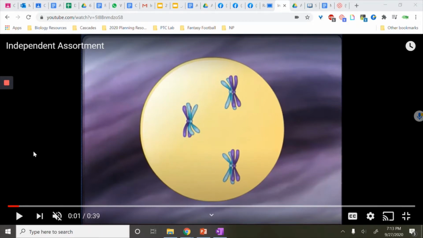So let's think about chromosome number 1. For chromosome number 1, you have two versions of chromosome number 1, one from your genetic mom and one from your genetic dad. And that means that for each gene on chromosome 1, you have two versions, one that came from the mom and one that came from the dad.